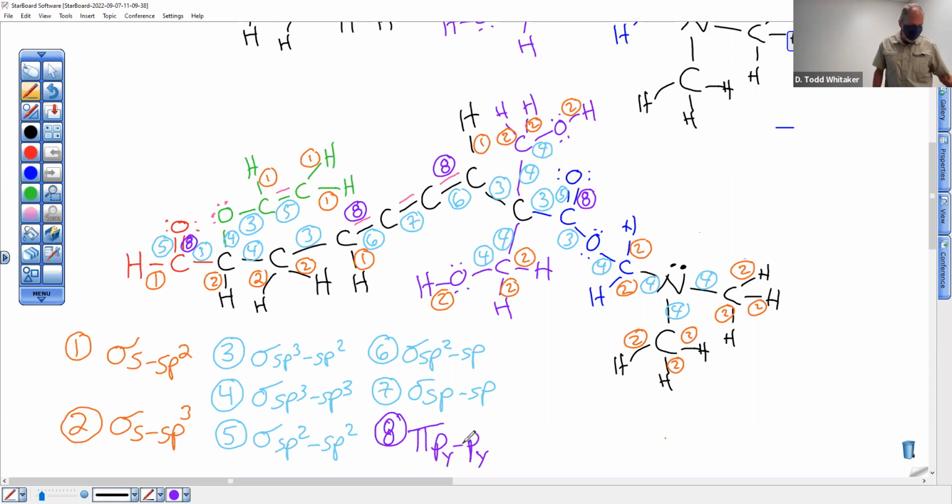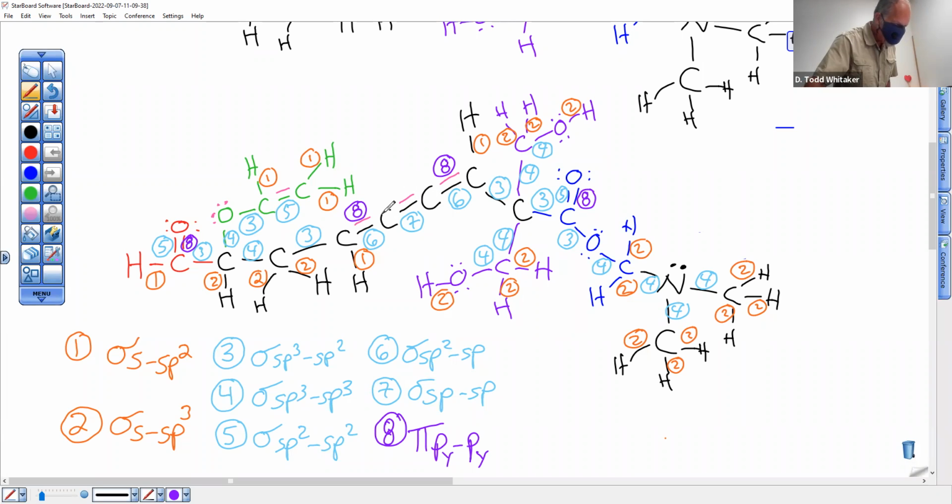Now the reason why I didn't label this one with a number 8 is because I know, and you're supposed to know, that you can only use an orbital once. If you've used an orbital to make a pi bond, you can't use it to make a different pi bond in a different direction. So this carbon on the left, sorry, we're talking about this bond here, right?